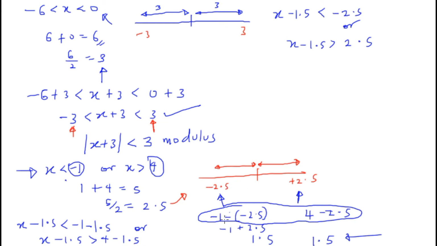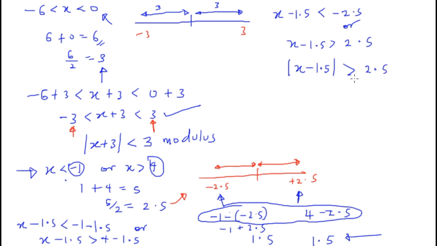So we are going to have minus 1 minus 2.5, then minus 1 minus 2.5, that's for this, and then this other one 4 minus 2.5, so that you will have a balanced point. So we'll have something of this nature: the absolute value of x minus 1.5 is greater than 2.5.